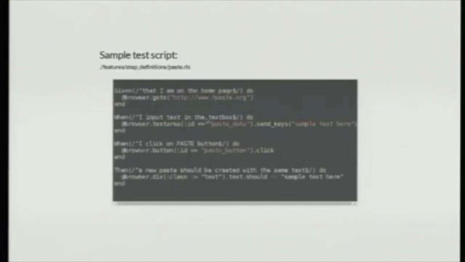When I input some text in the text box, I input the keywords there, which is sample text here. When I click on the paste button, the code is mapped and this step will actually click on that button. Next, I verify that whatever text I had input, does it match what was expected or not?